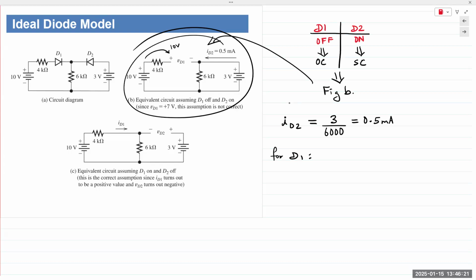I is 0, so the voltage is exactly the same, 10 volts, measured with reference to the node at the bottom. It's a node voltage.